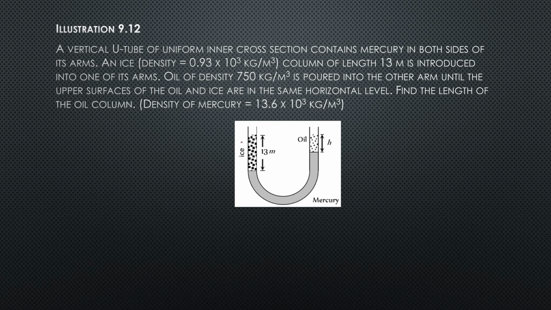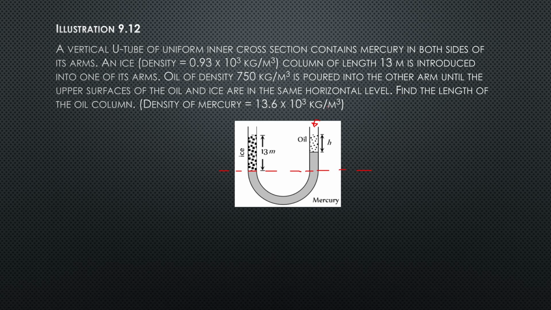Now oil of density 750 kilograms per cubic meter is poured into the other, left arm until the upper surface of the oil and the ice are at the same horizontal level.